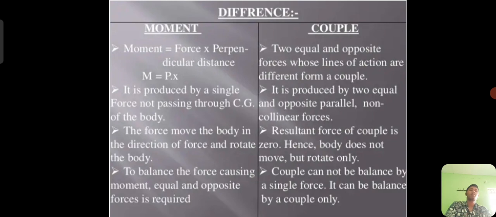A couple is two equal and opposite forces whose lines of action are different. It produces two equal and opposite, parallel and non-collinear forces. The resultant force of a couple is zero. Hence, the body does not move but only rotates. A couple cannot be balanced by a single force. It can be balanced by a couple only.